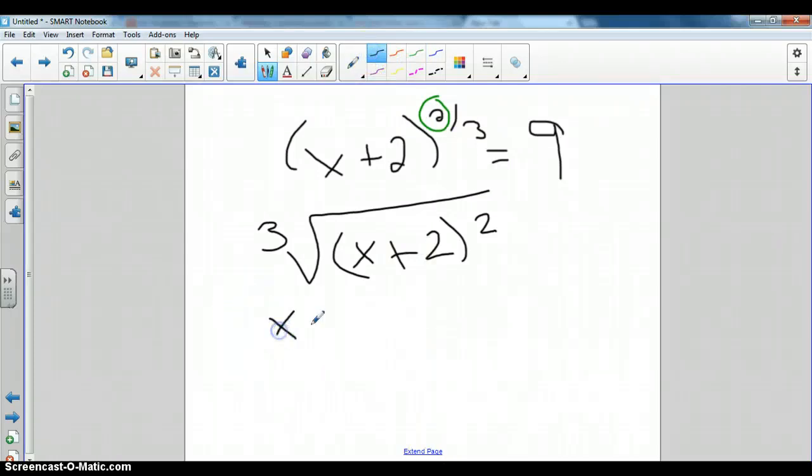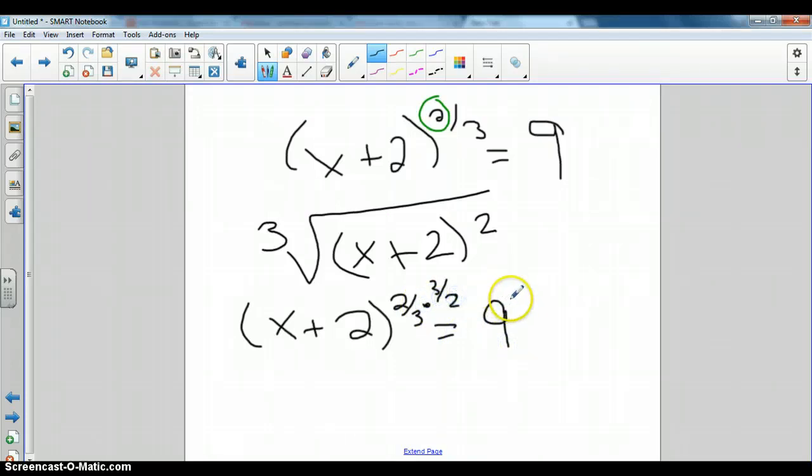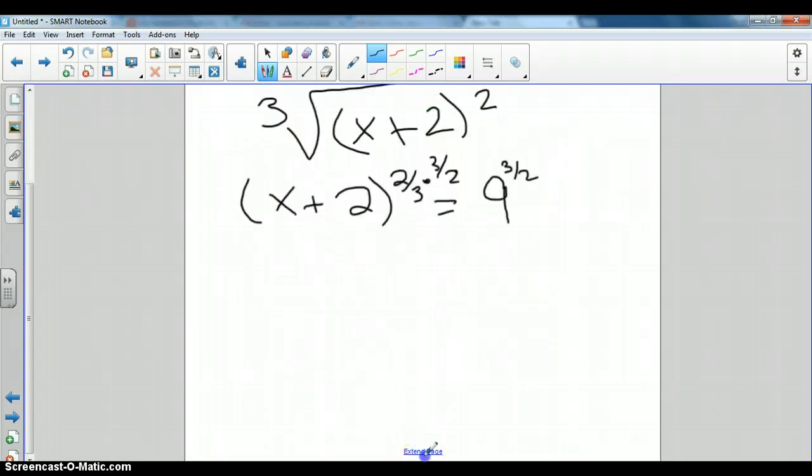So let's just start from x plus 2 to the 2/3 equals 9. Okay, and you'll just still do the opposites, work in opposites. Okay, these cancel out. So x plus 2 equals 9 to the 3/2.